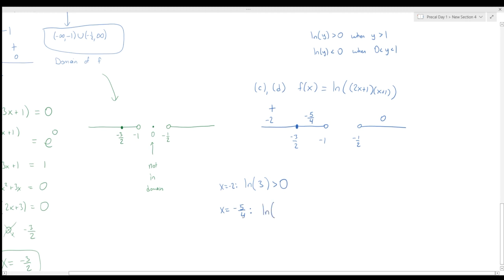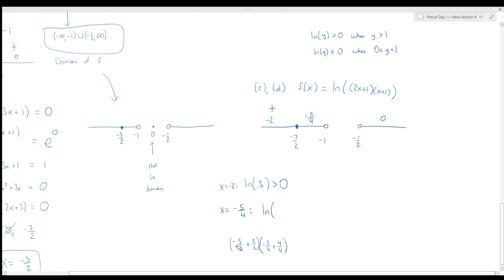If I plug -5/4 into here, so times 2 is -5/2, I'm going to add 1. I'm going to times -5/4 plus 1.